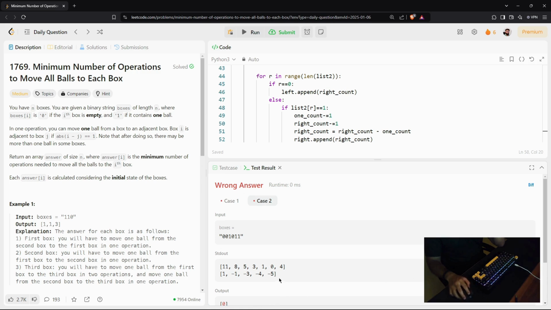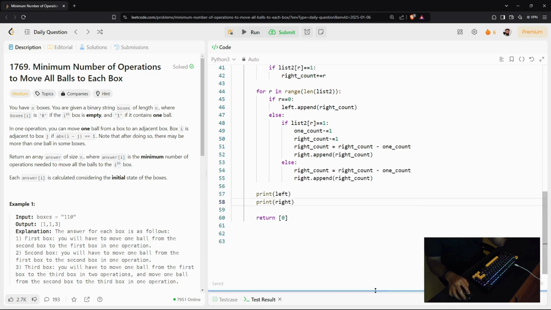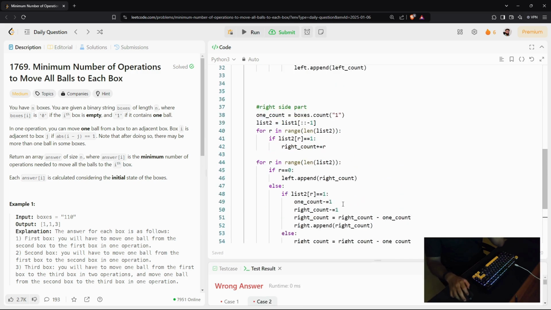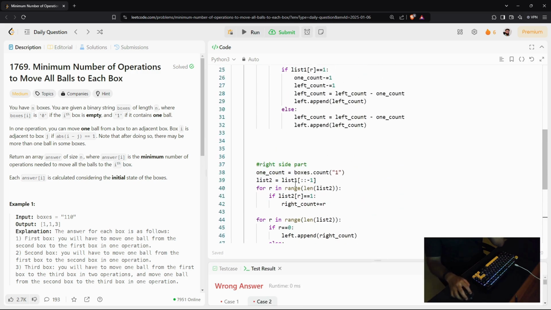Alright, again seems like some error I've made. Let's quickly see what that is. So first one is correct, 11 8 5 3 1 0, but on the right hand side, let's see. So list 2 is a reverse of list 1, and if we encounter a 1, we are adding the right count.